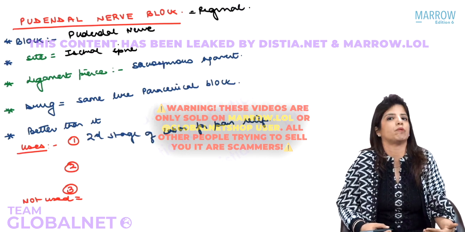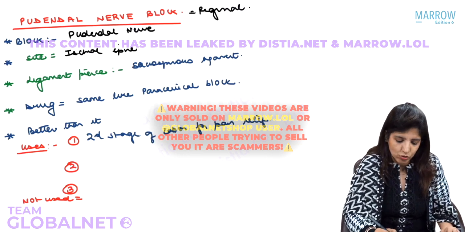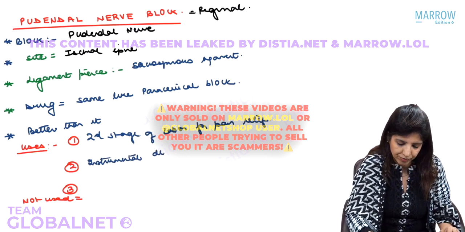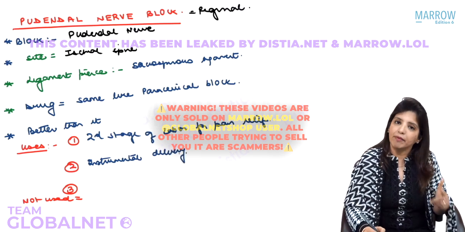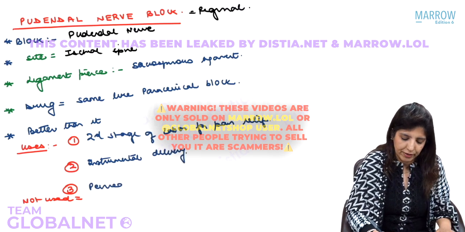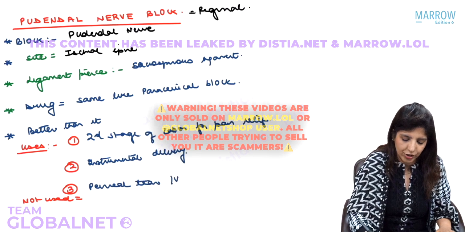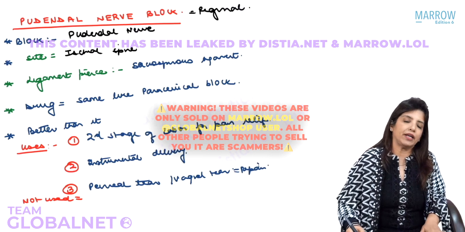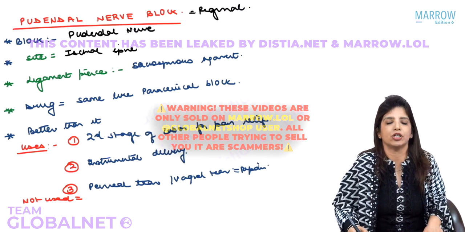Again, the best method should be pudendal nerve block. So number two, during instrumental delivery, you use it. And number three, if there is a perineal tear or a vaginal tear, then you are going to use it for its repair.